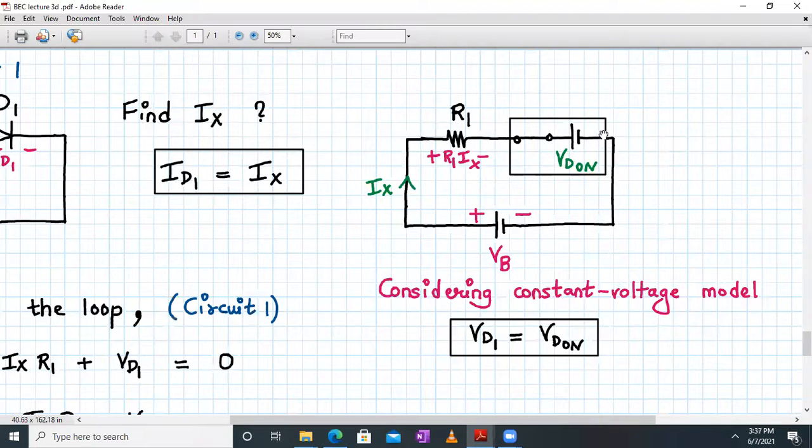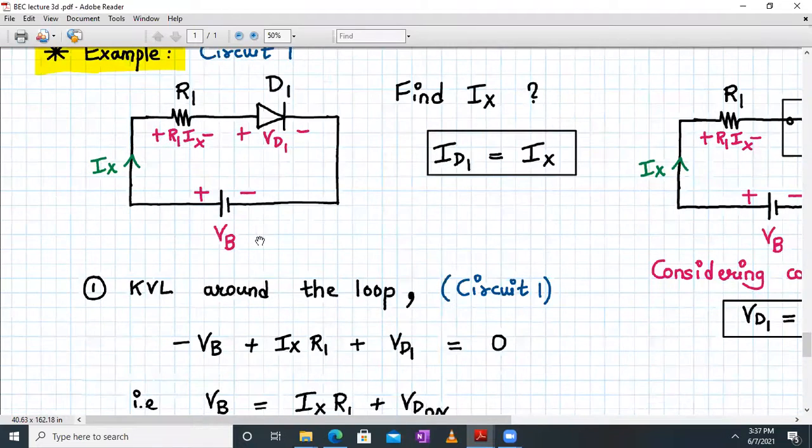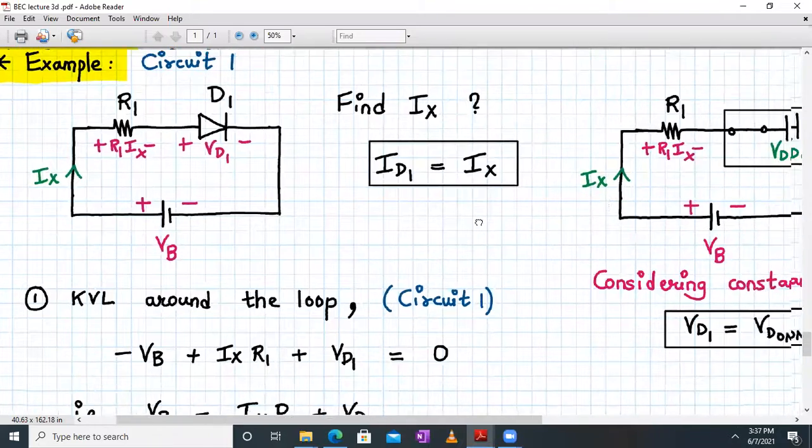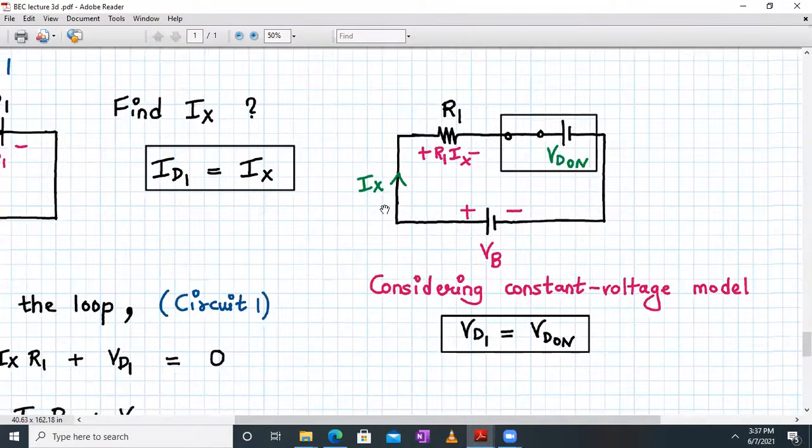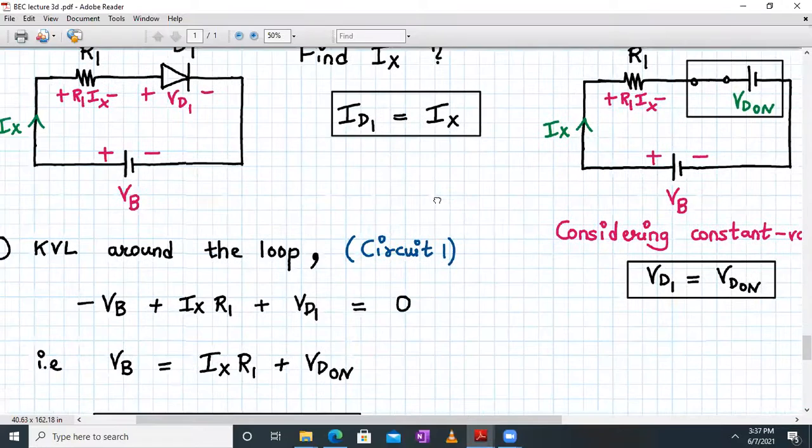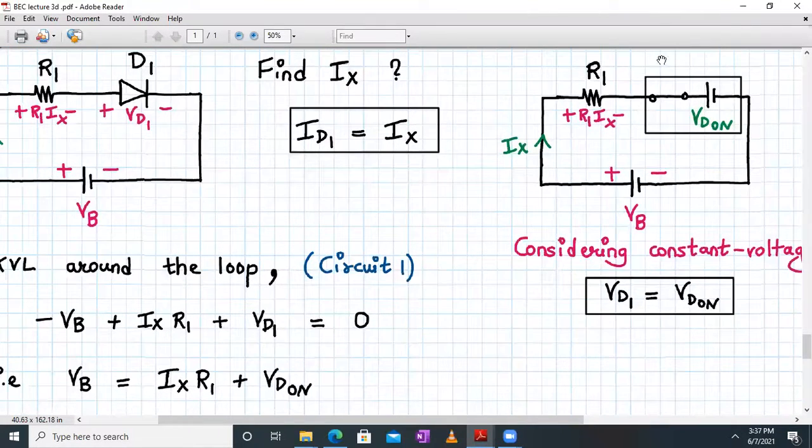Now we are assuming that the diode is on for a voltage VB, the positive voltage VB. So what are we doing over here? We are replacing it with the constant voltage model, that is a short circuit and a battery with a voltage VD on. Fine. So over here the diode voltage is nothing but the VD on voltage. So now can we apply KVL around this loop and write down the equation?